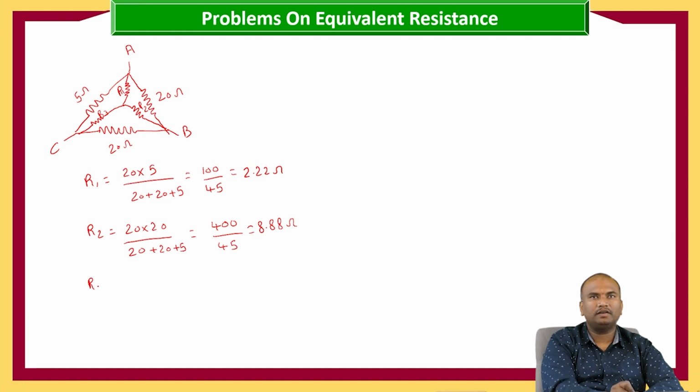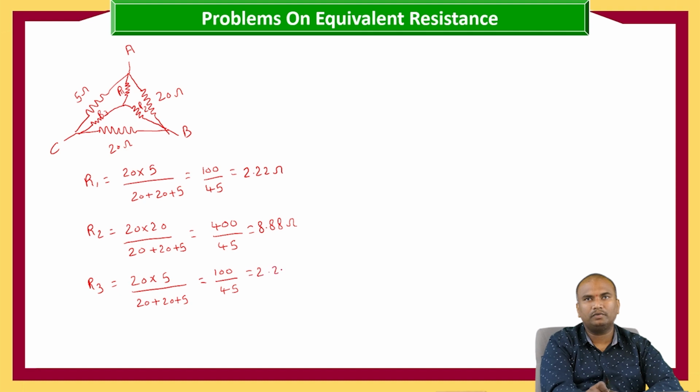And R3 is equal to 20 into 5 by 20 plus 20 plus 5, which is equal to 100 by 45, which is equal to 2.22 ohms. This is the star.